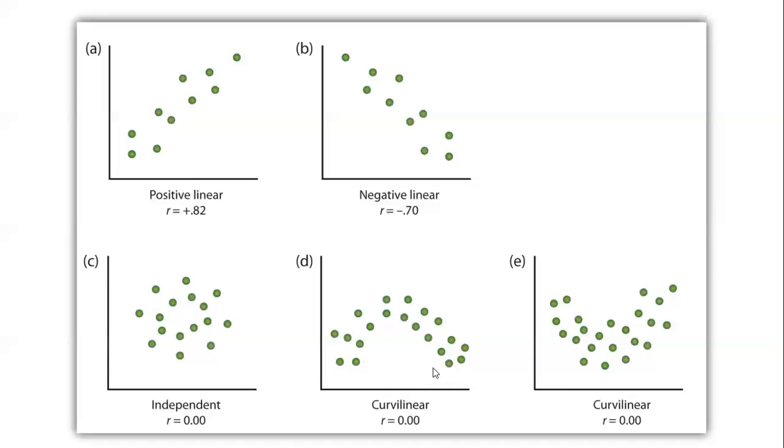This is for stats, but we're not in stats, so don't freak out if you wrote no correlation. When there is a curvature, it is called a curvilinear correlation. If you wrote no correlation, that is a-okay, because we're talking in regards to linear. If you were a statistician, you would write what I just said.